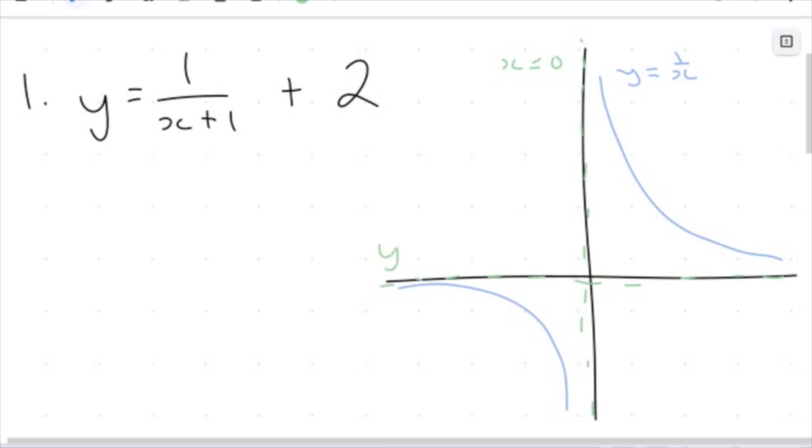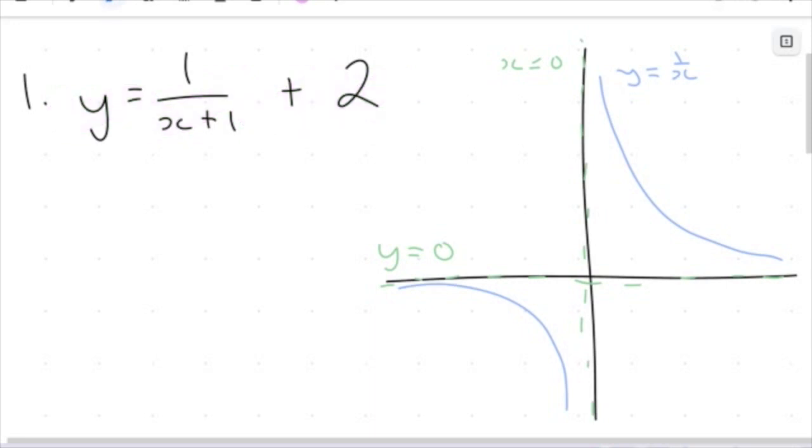Now, this is all revision, so if any of these translations are quite unfamiliar to you, please consider looking at the previous videos where we went a lot more in depth. Okay, let's look at this particular equation here and apply what we know.